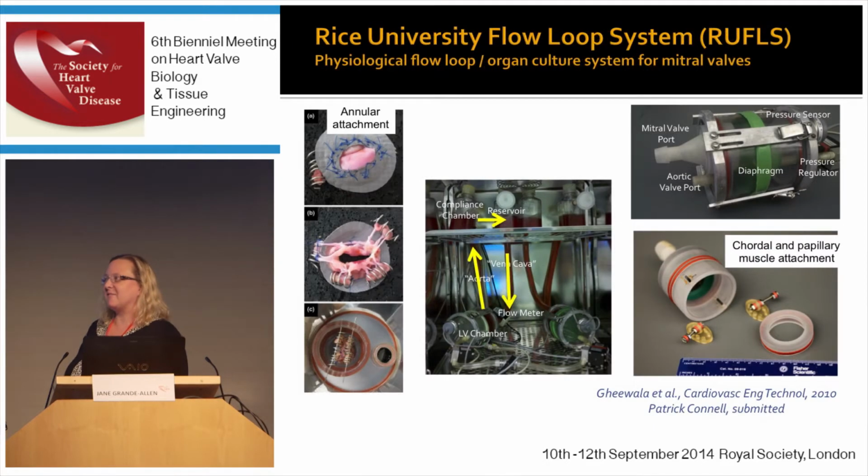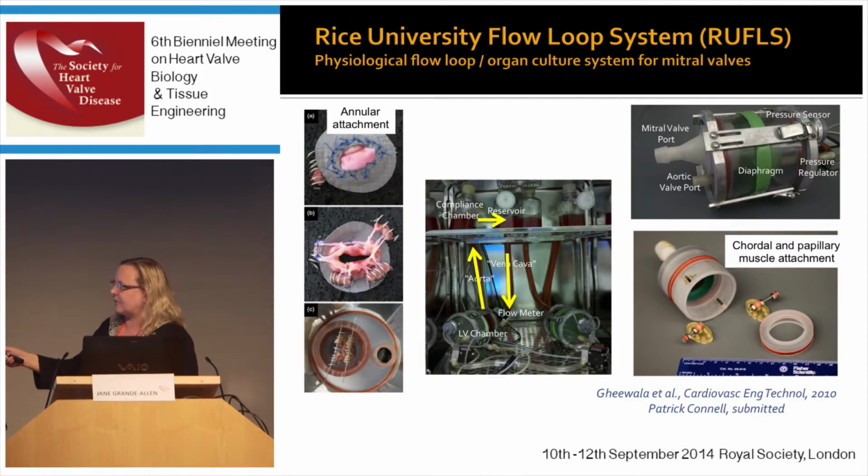And so now we've been looking at this more physiologically. What we've been using is our Rice University flow loop system, which a student cleverly nicknamed Ruffles. And we use Ruffles a lot. So what we do is we take pig valves and sew them so that the mitral valve is attached to a gasket-like structure up at the annulus.